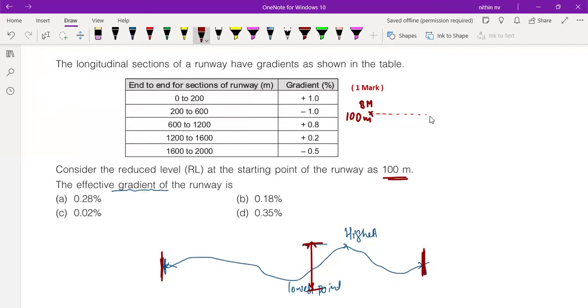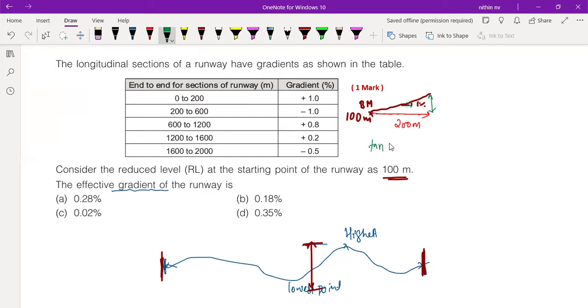Now, for the first 200 meter, like horizontal 200 meter, for 200 meters distance, the ground is having an upward slope of 1%. Means what? How much will be this height then? The slope is 1%, means this tan theta is 0.01, right?